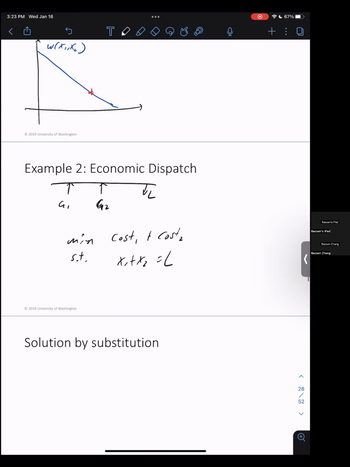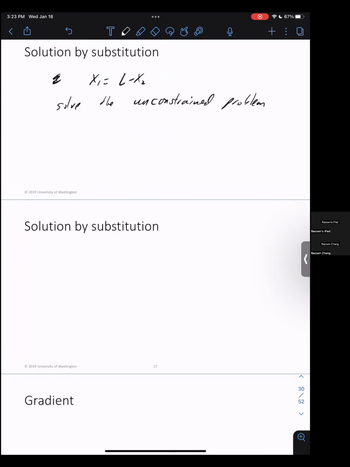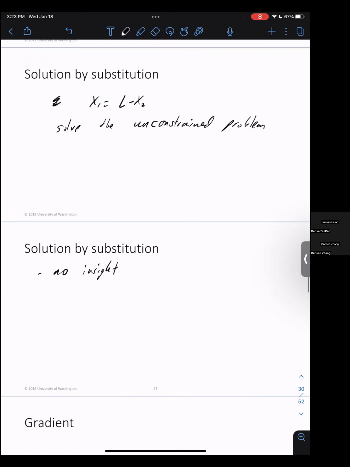What we have seen before is that you can do this by substitution. We could substitute x1 equals L minus x2 and solve the unconstrained problem. The drawback is that this doesn't give you any insight. It's a very mechanical procedure, for example how your computer may go about solving this.